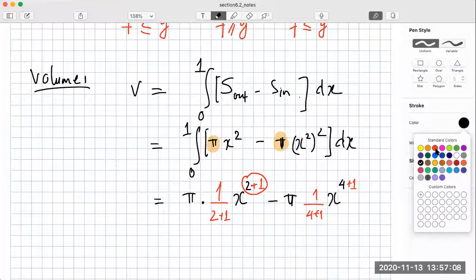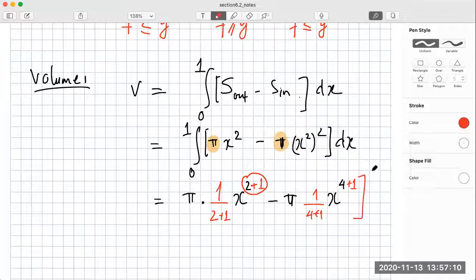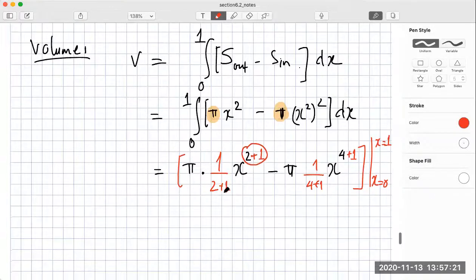So we need to evaluate this from x equal to 0 to the upper limit x equal to 1 here. Be careful. The indefinite integral returns a family of functions. A definite integral returns the area under the curve of a function.